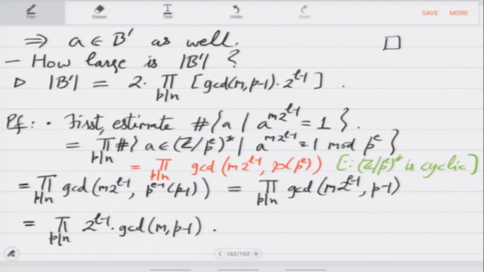Fine. How many of these will be minus 1? So the minus 1 number actually will also come out to be the same. So we just have to double this.